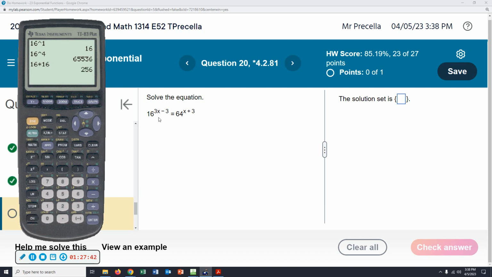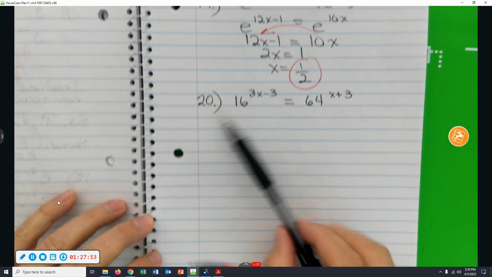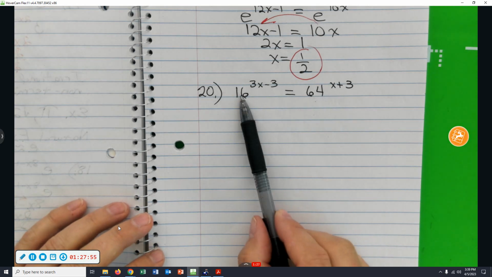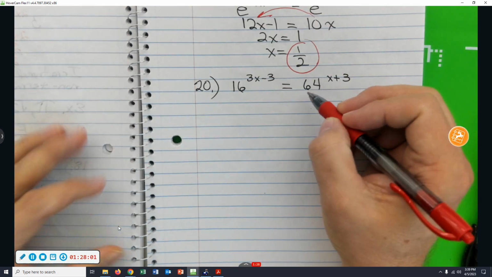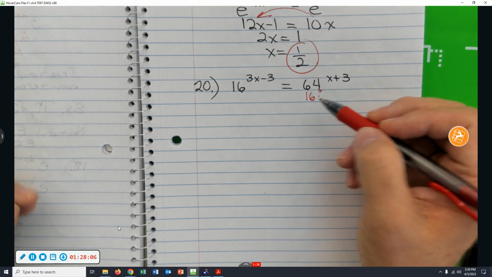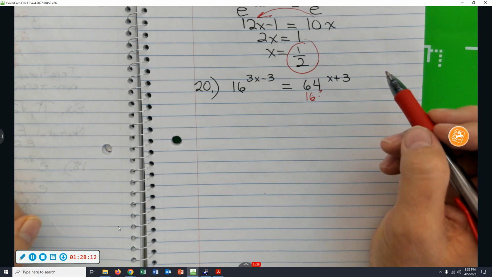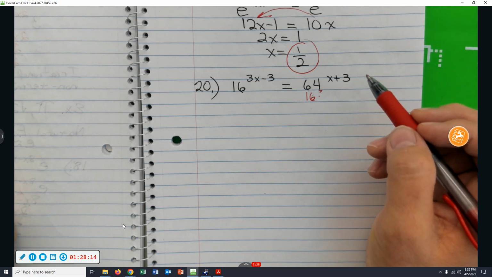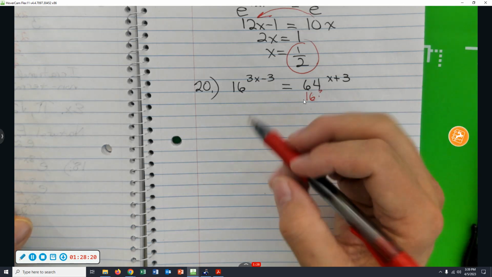So I don't think there's going to be a way to write 64 with a base of 16. Do y'all see the difficulty? We cannot write 64 as a power of 16. Write 16 here and then a question mark. 16 to what power? 16 to the first is 16. 16 squared is 256. 16 will divide into 64 4 times, but that doesn't help.